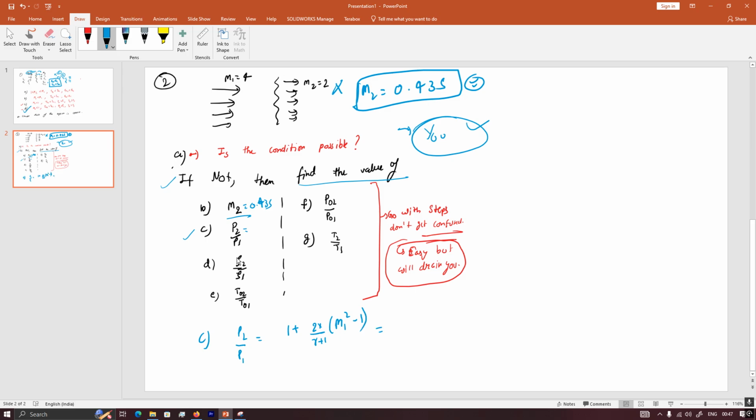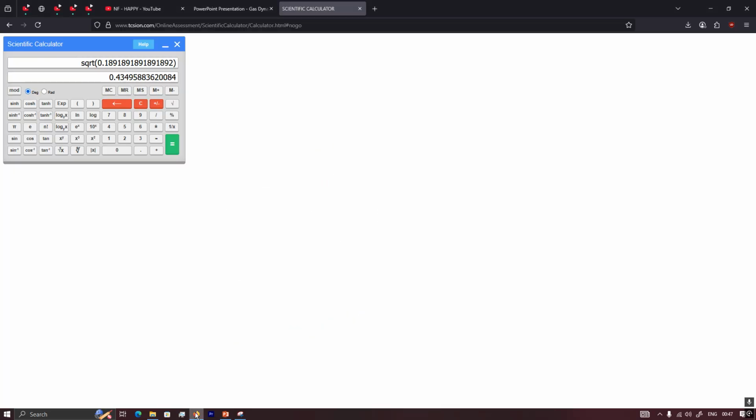It will come as 2.8 upon 2.4, this will be 16 minus 1, so 15 into 2.8 upon 2.4 plus 1. So this will be the pressure ratio.